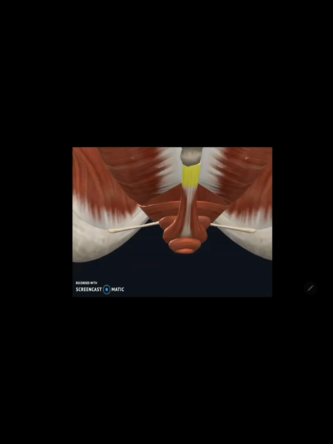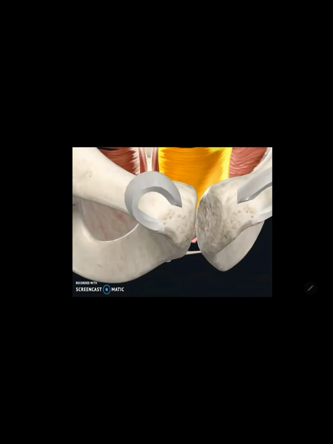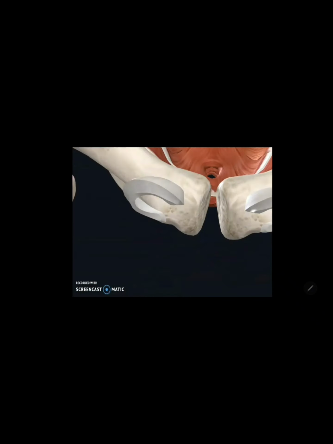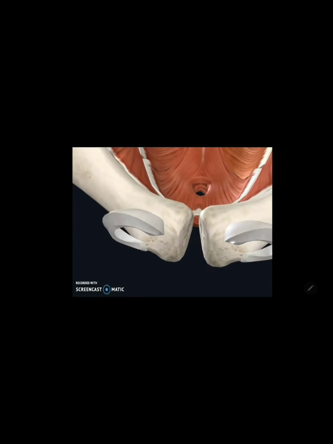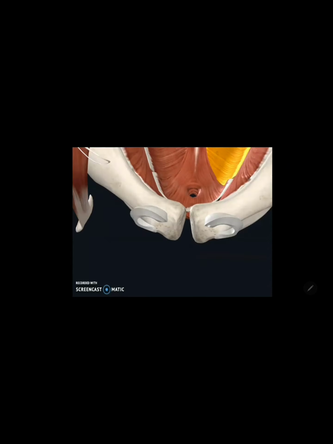That is the subcutaneous part. Then just above it you will see the iliococcygeus part. You can see how these muscles maintain the bowl-like shape of the pelvic diaphragm, as you can notice here.